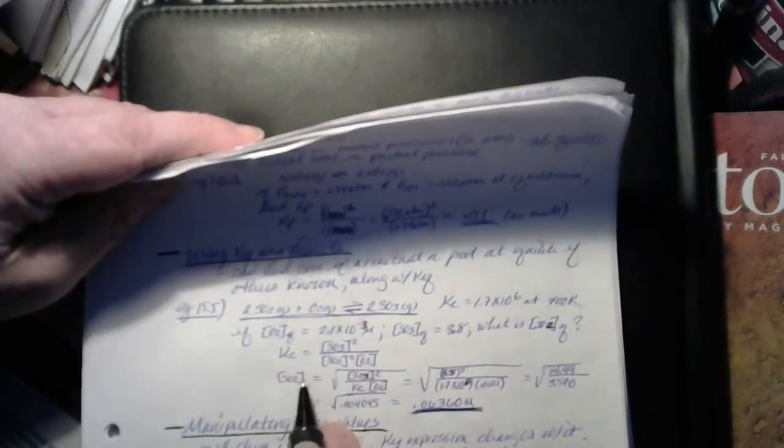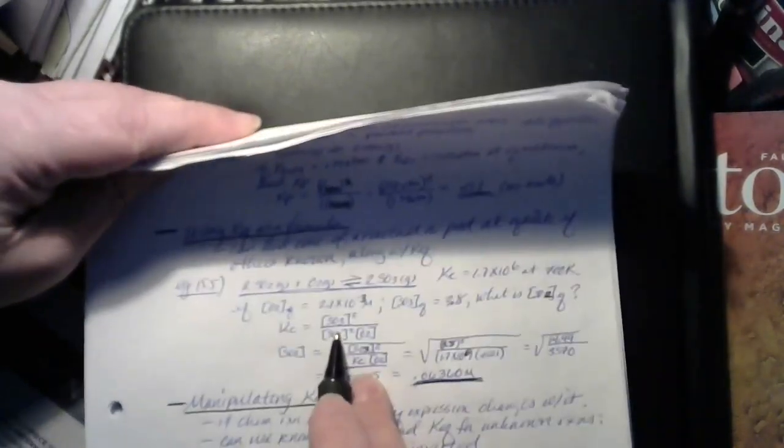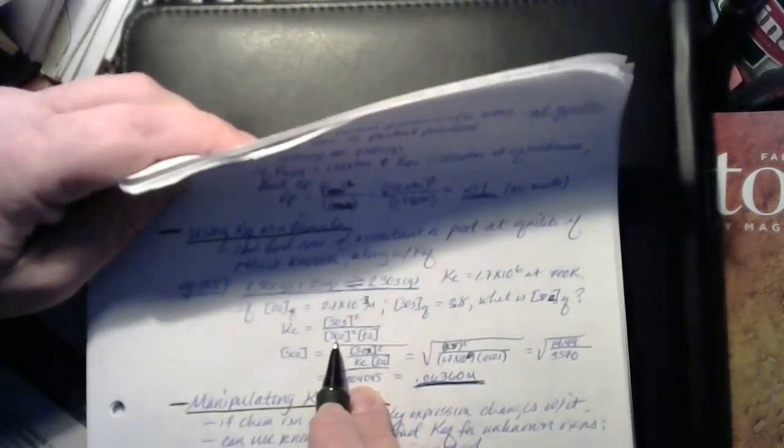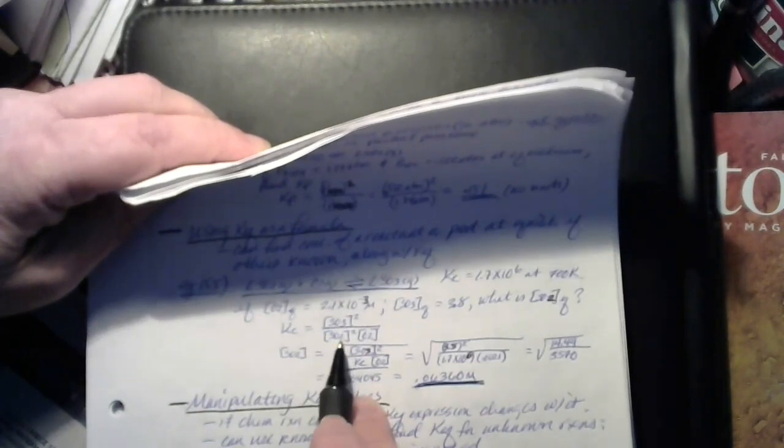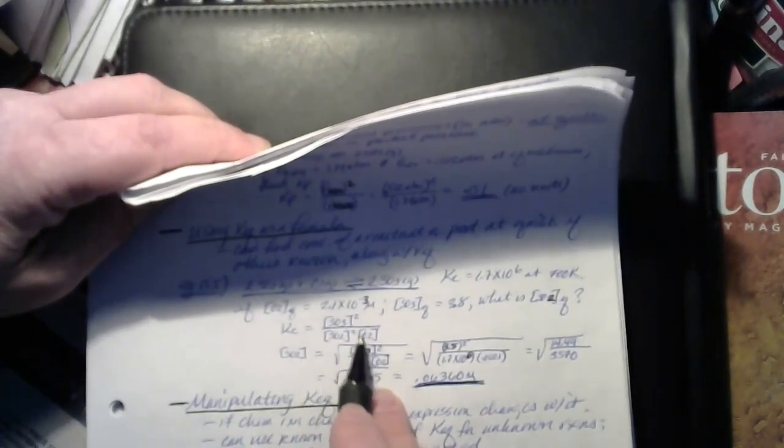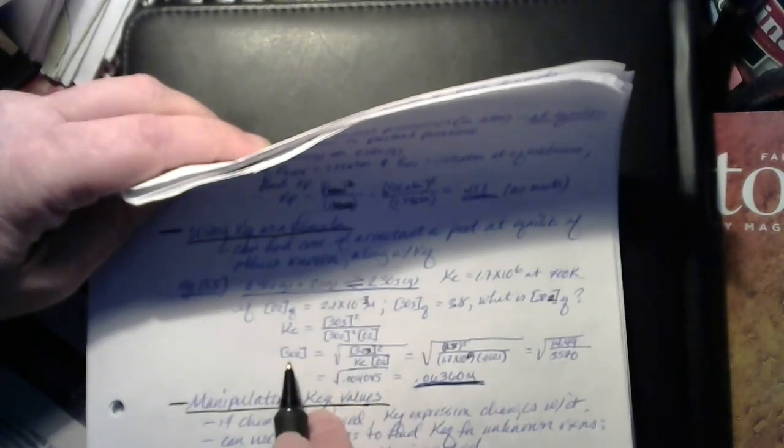Okay, so Kc is just going to be SO3 squared over SO2 squared times O2. SO2 is the thing you don't know, and when the thing you're solving for is in the denominator of a fraction, you can just switch it with what's on the other side. So we get SO2 squared is equal to SO3 squared over Kc times O2. But of course, you want SO2 to the first power, not SO2 squared.